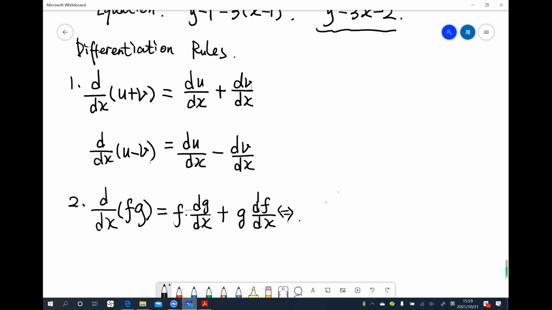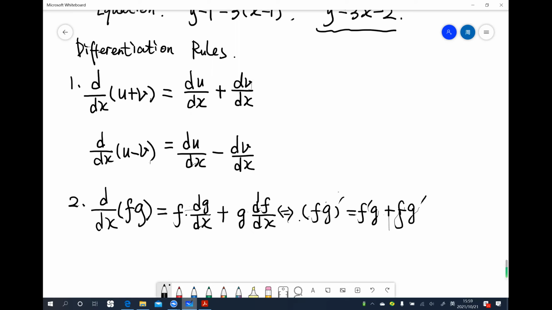So with the prime notation, (f times g)' equals f prime g plus f g prime. This is the second rule. We call it the product rule.